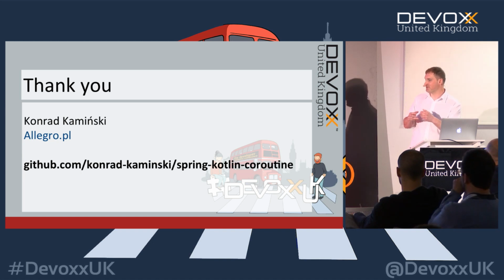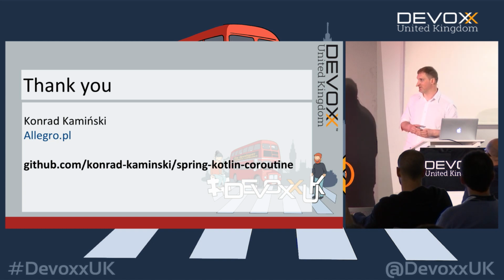It uses many different things underneath. It also allows you to do some things which are not allowed with, for example, Project Reactor, which is now in Spring. So go have a look.